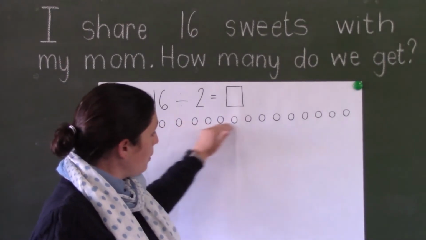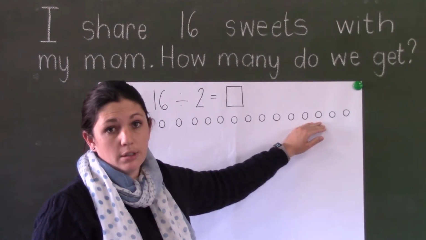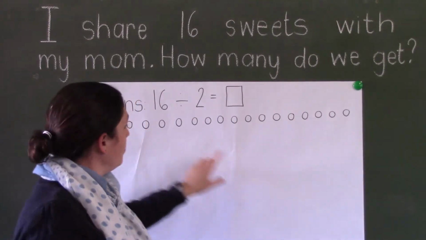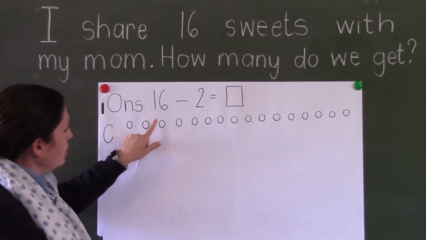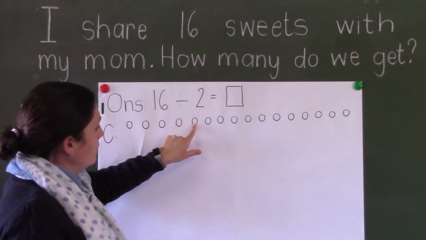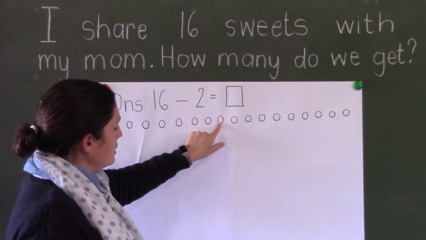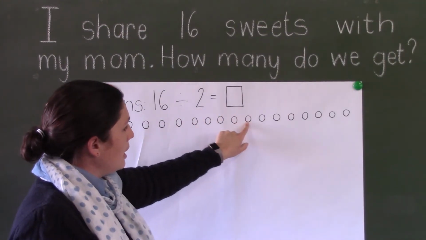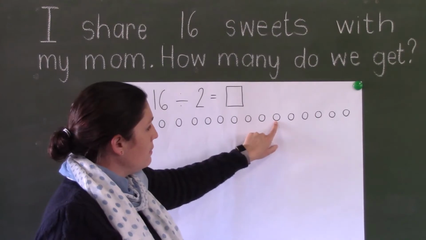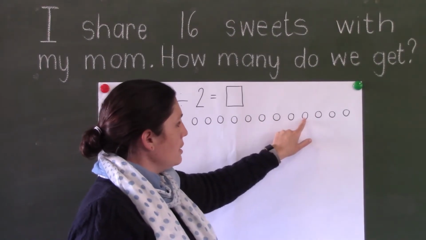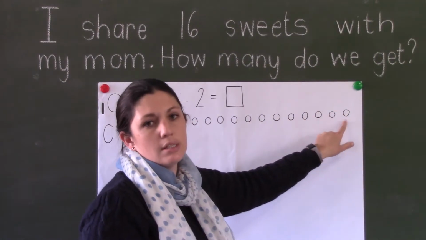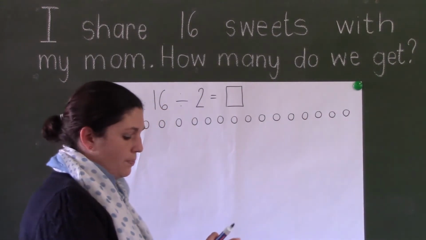If you get this part wrong, your entire sum will be incorrect. Let's count again. 1, 2, 3, 4, 5, 6, 7, 8, 9, 10, 11, 12, 13, 14, 15, 16. We know we're good to go.